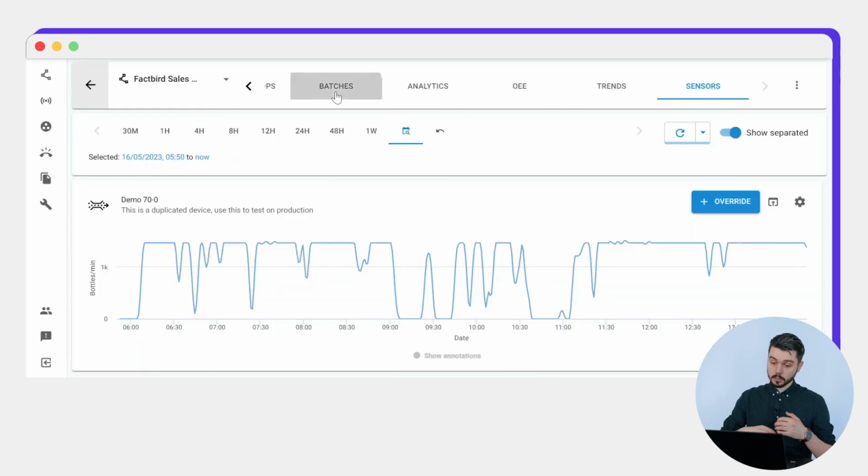And you can also add in manually how much scrap each batch you've had. So if you don't have the ability to add in more sensors onto your line to monitor that scrap, your operators can input, right, we ran batch X and we had 50 scrap, or we had 100 scrap. And you can also add in your quality controls in there so that when they're performing those, we can see, are they being passed?